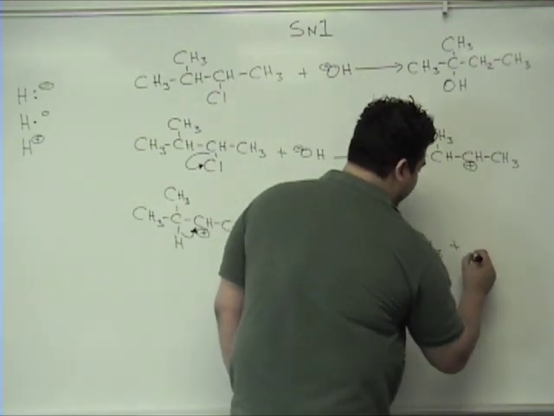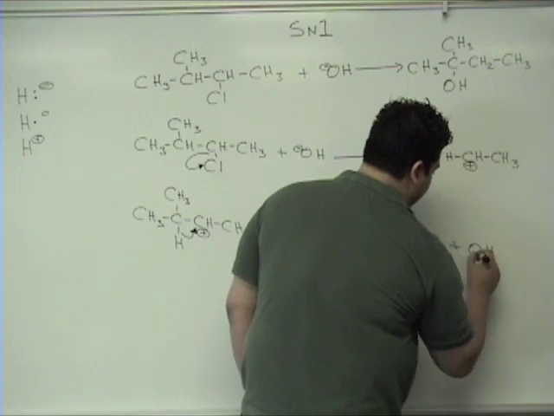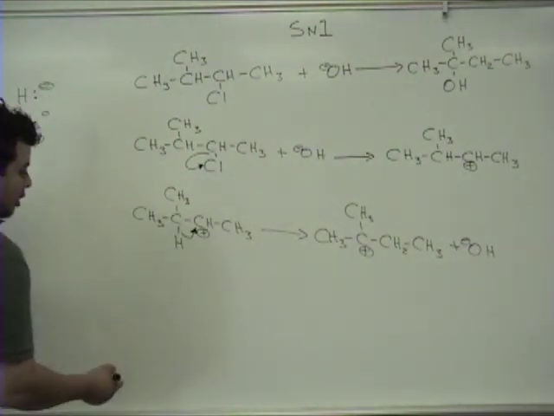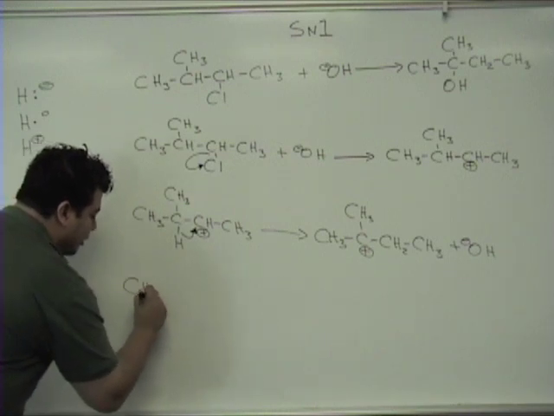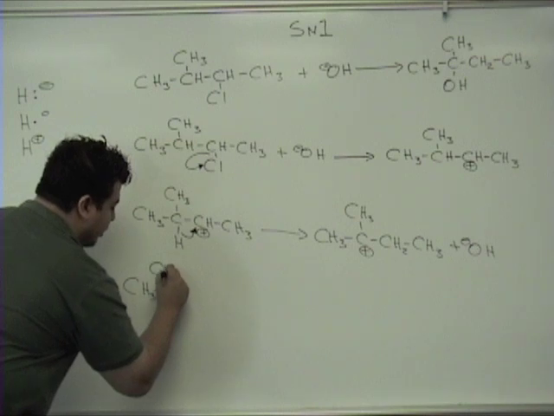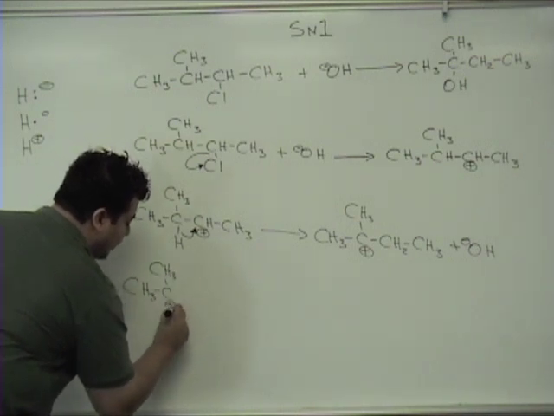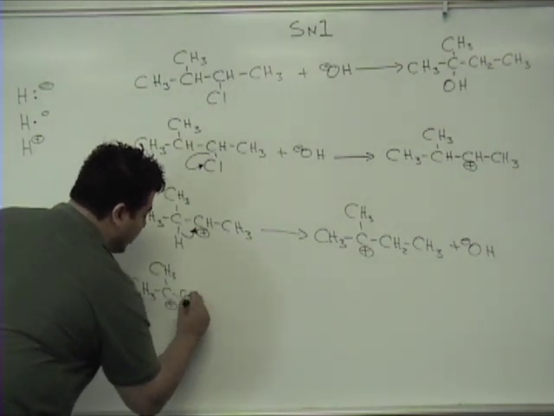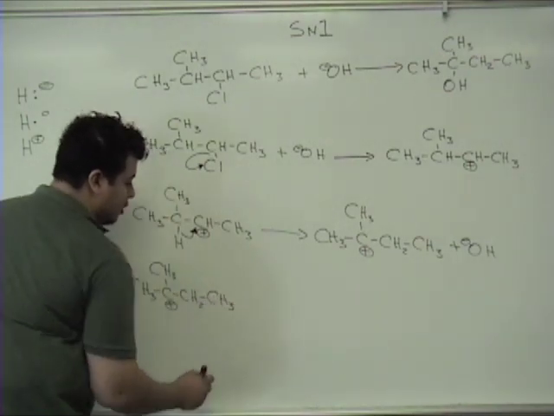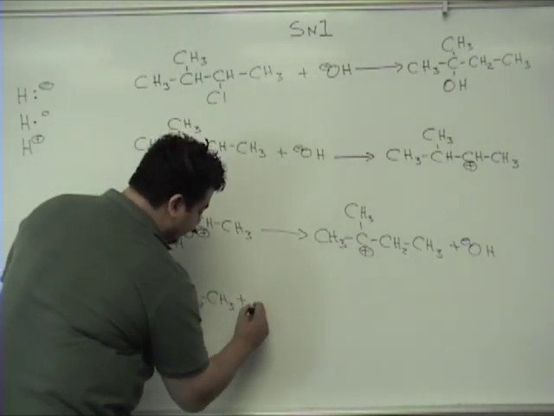This is still plus OH, or nucleophile. It has not moved yet. So we are going to copy that in here. CH3, C, CH3, plus CH2, CH3, plus our nucleophile.